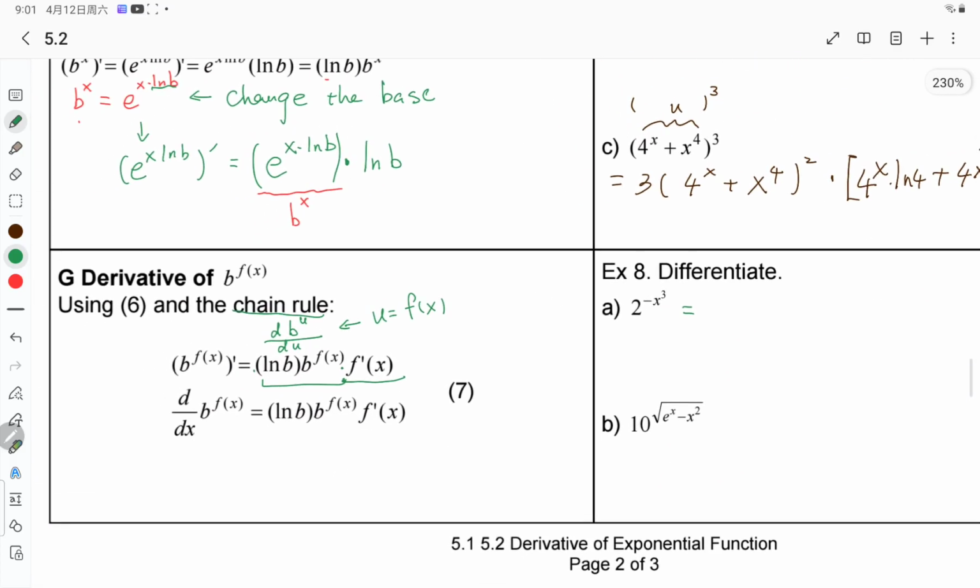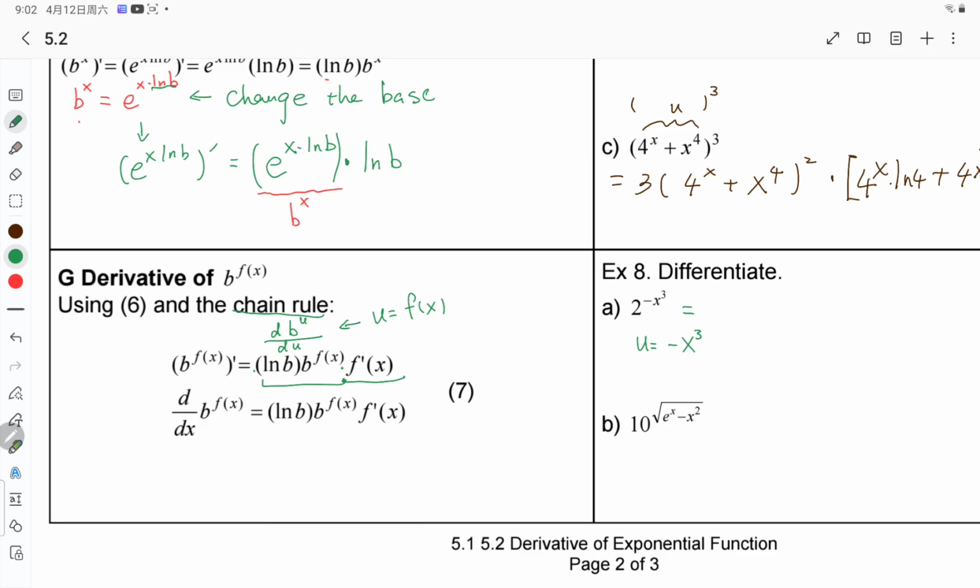And then let's try to write down this, okay? You should try to write it down yourself, and then we compare, okay? If you are not comfortable with this, you can also write u is this.